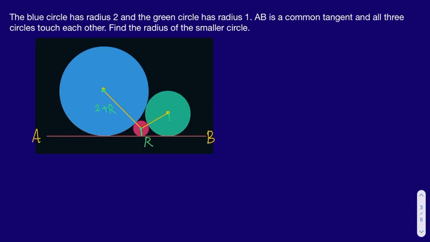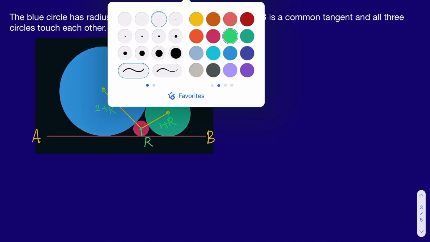And similarly, the same thing happens here with the green circle. So again, the distance from center to center will be equal to 1 plus R, right? And what else I can do is try to make my triangle.